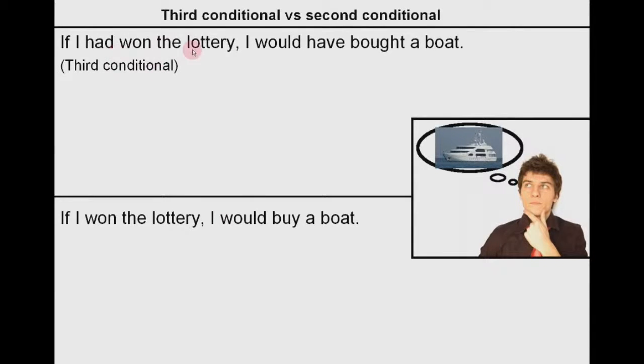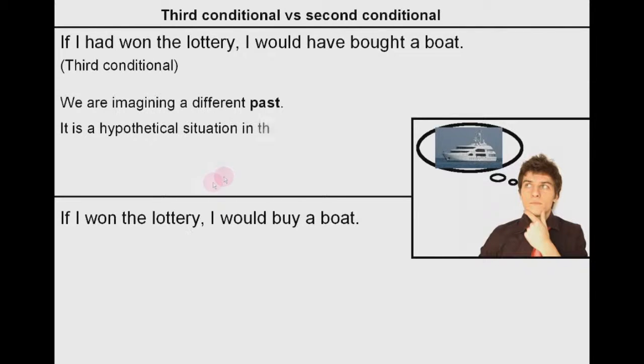Well, this one is the third conditional, and I have explained this in today's lesson. So, as a reminder, here we are imagining a different past. It is a hypothetical situation in the past. Very important. Remember, I said the third conditional is the only conditional which refers to the past time.